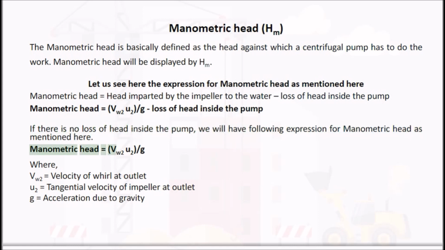Manometric head equals Vw2 u2/g, where Vw2 equals velocity of whirl at outlet, u2 equals tangential velocity of impeller at outlet, g equals acceleration due to gravity.